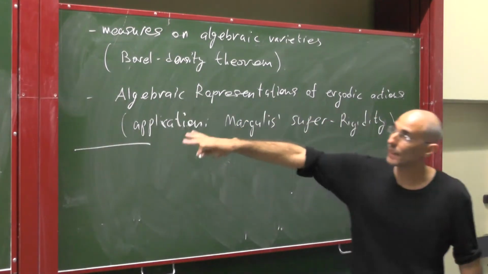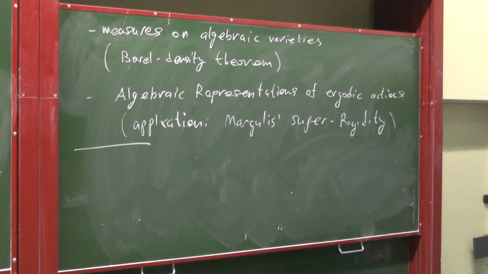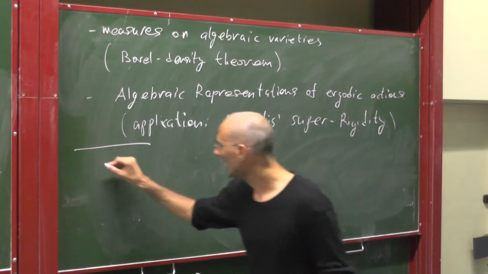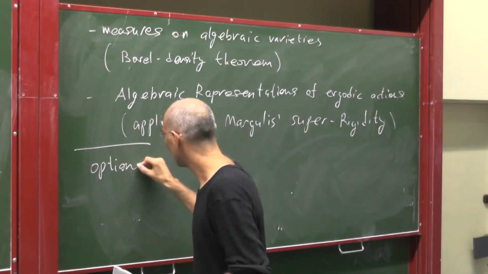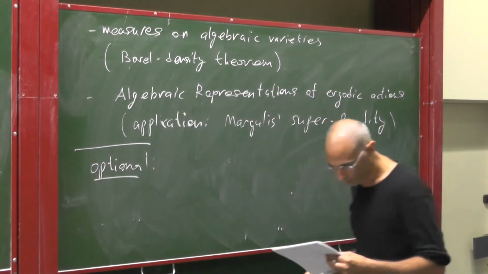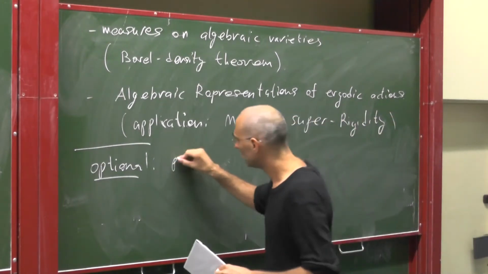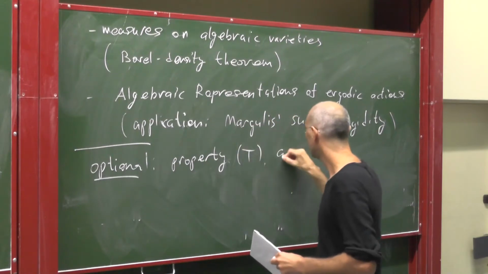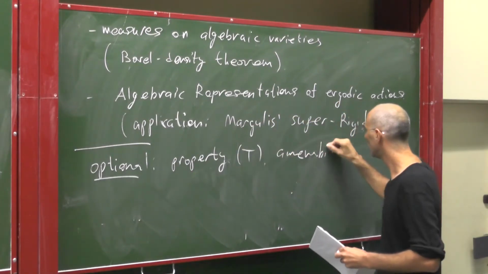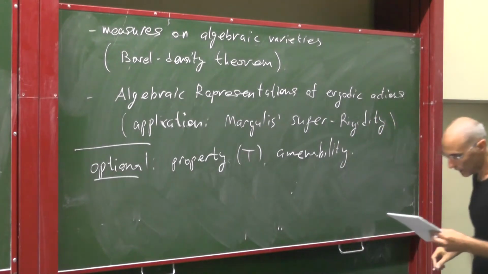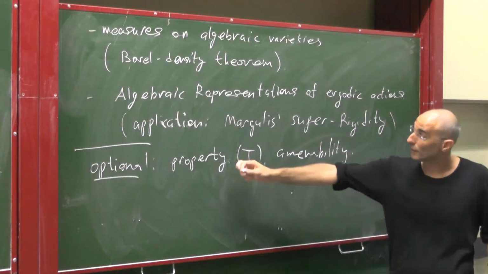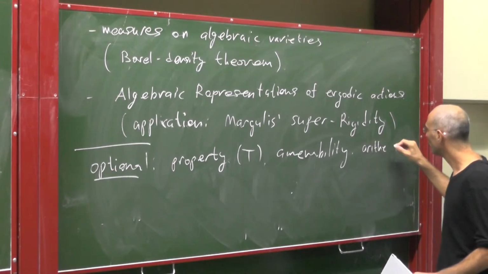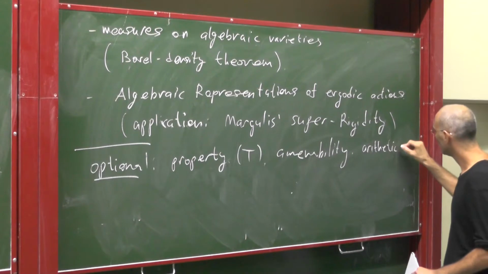And then now having done all that, maybe we will have some more time. I don't know. And then optional topics. Of course, I can get your input. I want to discuss probability, amenability. Using property T and finite generation of lattices, Margulis arithmeticity theorem, arithmeticity.